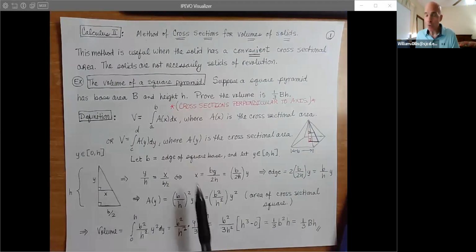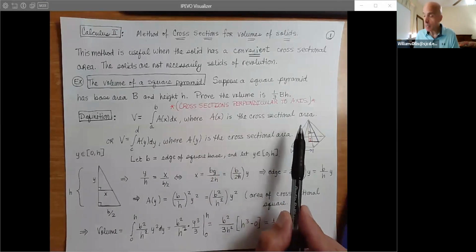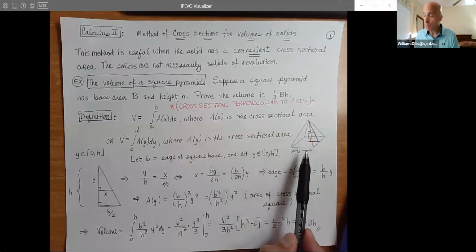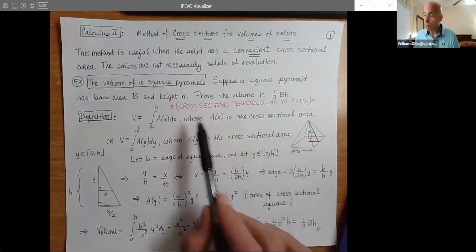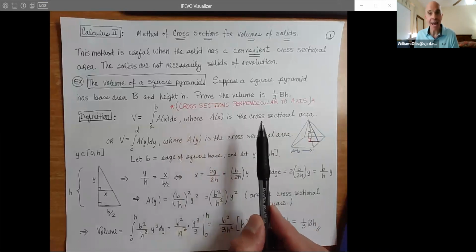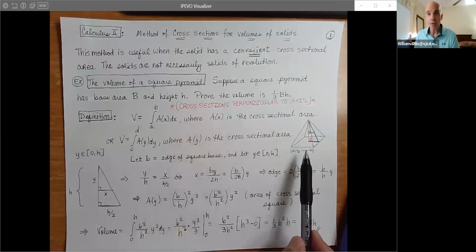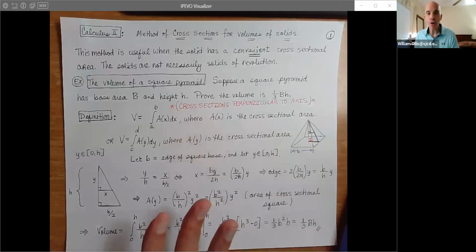But I went over the method for actually solving for the area of a square pyramid. The idea is that we will have a simple cross section that is perpendicular to an axis. In most cases, the x-axis, in this case, the vertical axis. And so please go through those. I think you'll find the video very straightforward.